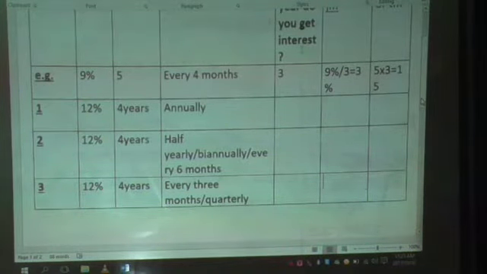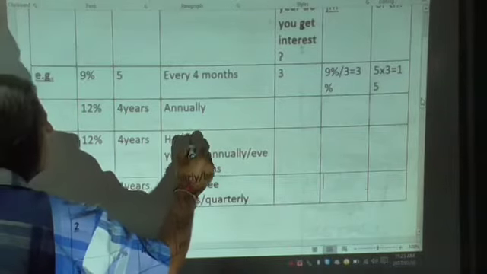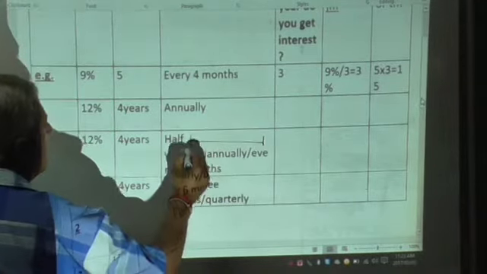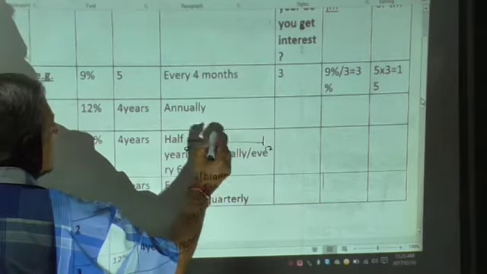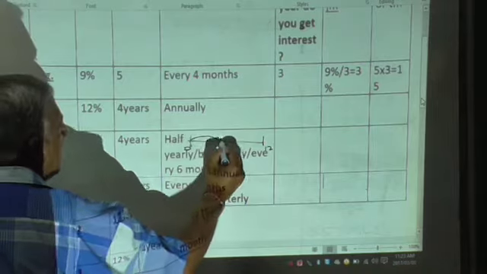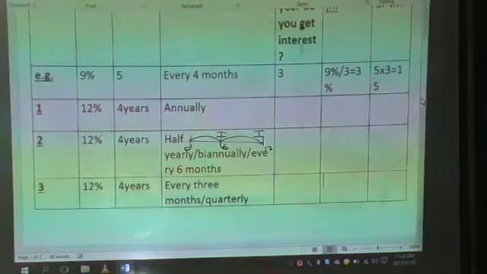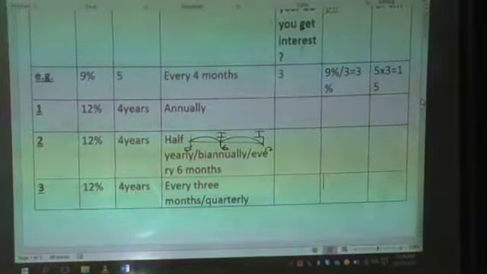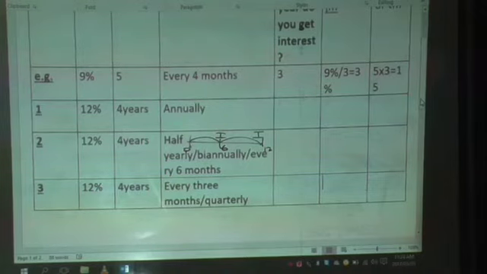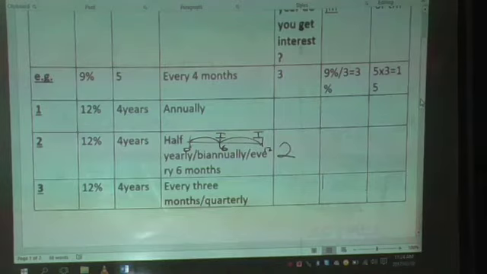It says half yearly. If it's half yearly, then from 0 months to 12 months, every 6 months you'll get interest. You'll get interest one time, two times. Half yearly or biannually or every 6 months means the same. So you get interest 2 times. So the answer is 2 for this example.